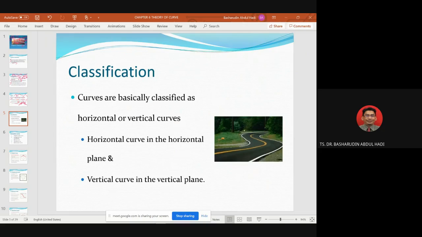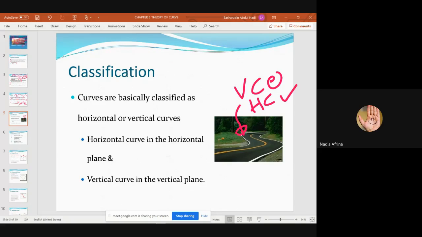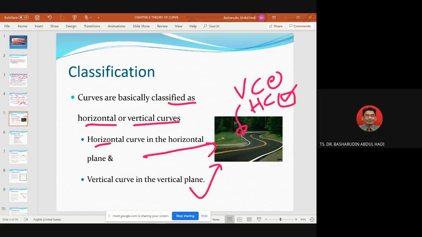So can you guess, is this a vertical curve or a horizontal curve? What is the answer? The answer, this one is the horizontal curve. That's good. So curves are basically classified as horizontal or vertical curves. A horizontal curve is in the horizontal plane and a vertical curve is in the vertical plane.